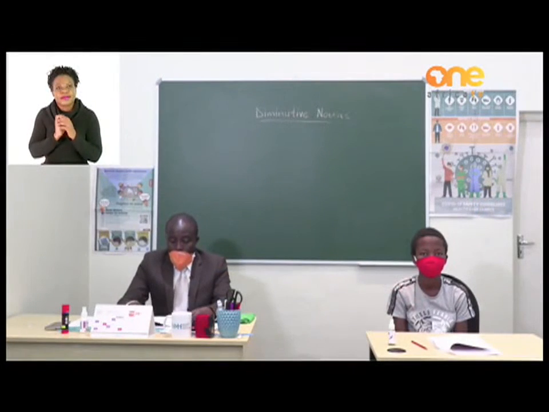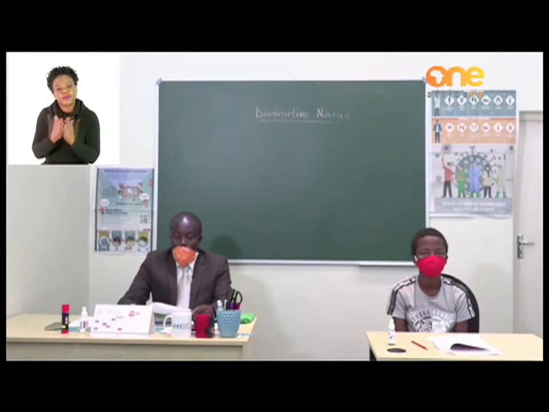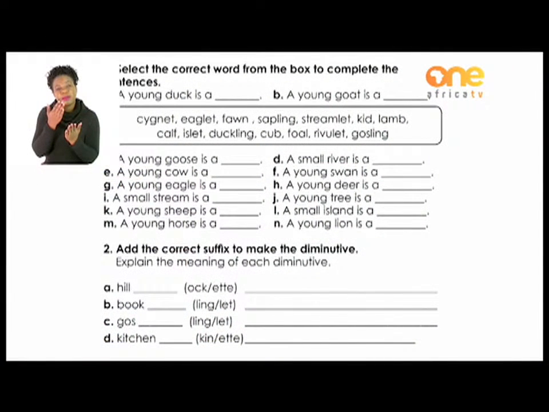Right, boys and girls, let us turn to page 4 of our booklet. We want to look at activities. Number 1, select the correct word from the box to complete the sentences. Now the words in the box read as cygnet, eaglet, fawn, sapling, streamlet, kid, lamb, calf, leveret, duckling, cub, foal, rivulet, and gosling.